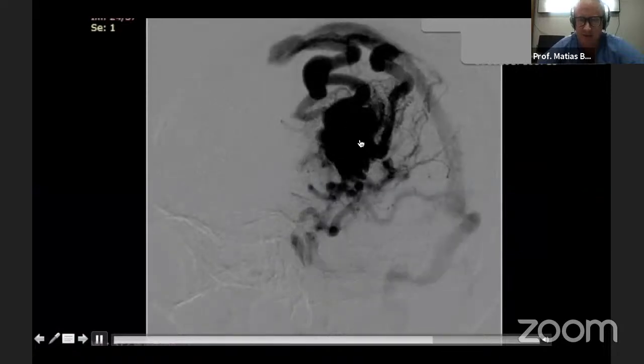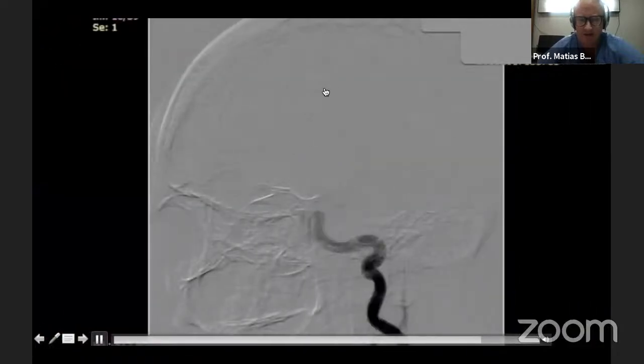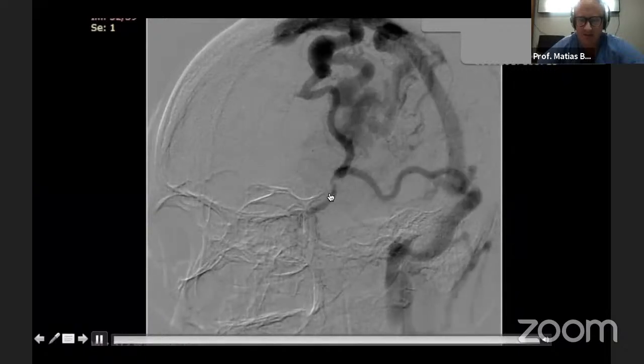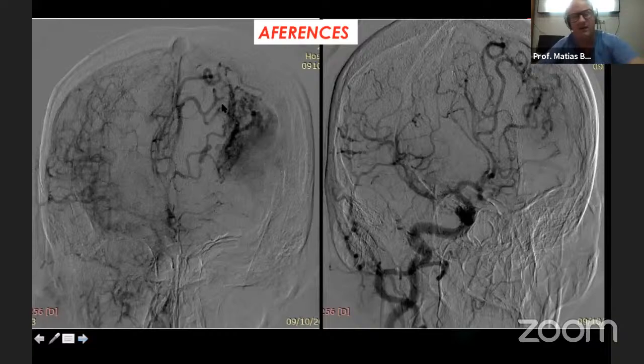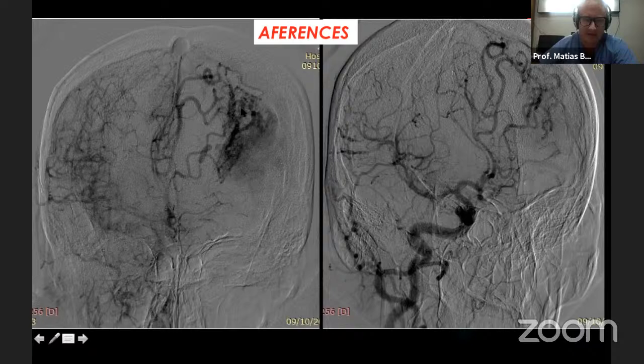It's a big compact nidus with 3 important draining veins which drain the venous blood of this AVM. We can observe here that from the medial border, the AVM receives 1, 2, 3, and 4 branches from the contralateral and homolateral anterior cerebral arteries.